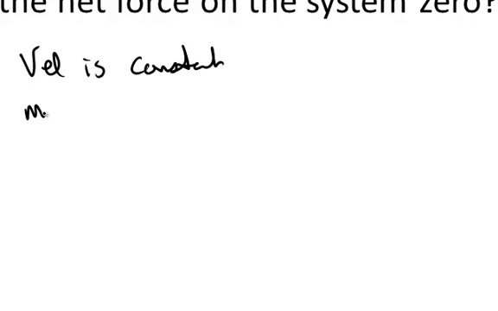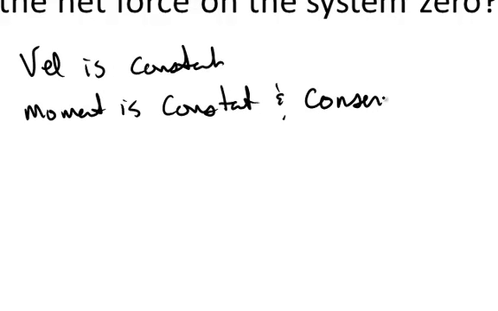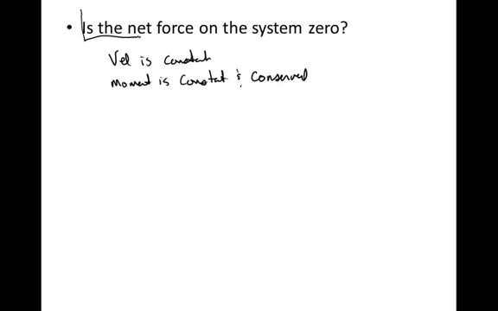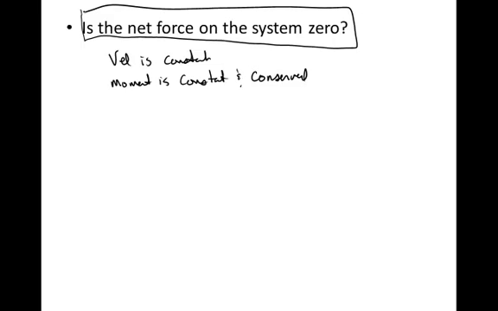You know that momentum is constant and conserved. You know that the sum of the forces is zero, so that gives you another piece of information. So this question should be one of the first questions that you ask yourself when you face a problem.